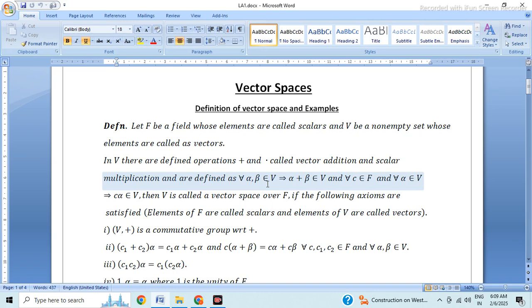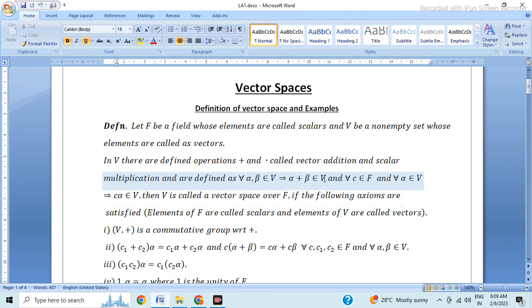It is a name for elements of V. Usually vectors we denote by alpha, beta, gamma, and scalars we denote by C, C1, C2, A, B.